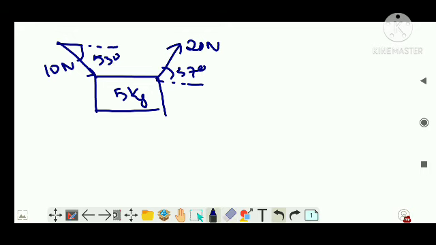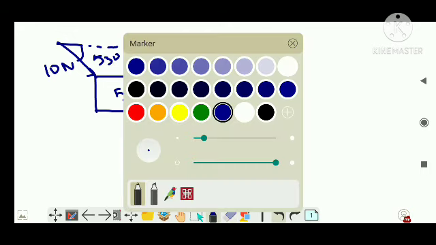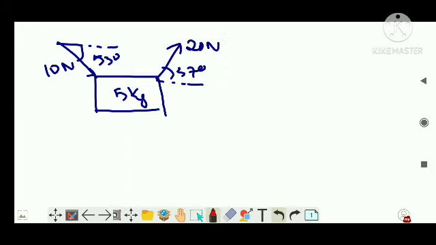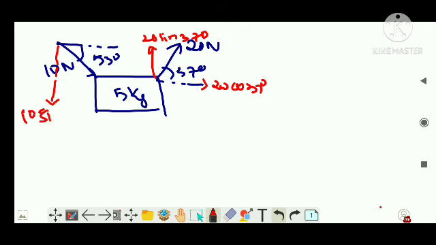Again, I can resolve this force. This is 20 cos 37. This is 20 sin 37. Similarly, the other force is 10 sin 53 degree and 10 cos 53 degree.